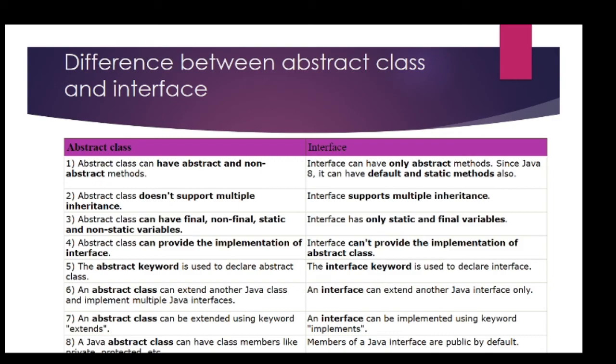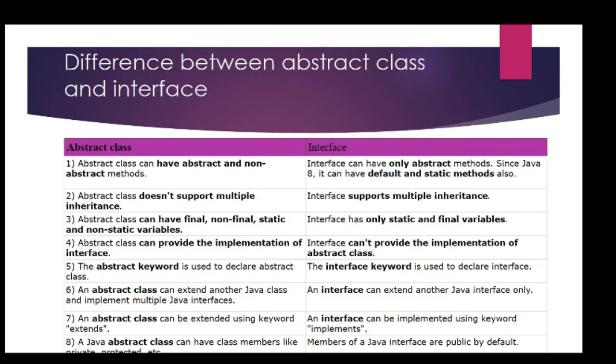An abstract class is declared using the abstract keyword. An interface is declared using the interface keyword. An abstract class can extend another class and implement multiple Java interfaces. The interface can extend only Java interfaces. The abstract class uses the extends keyword; the interface uses the implements keyword with the abstract class.